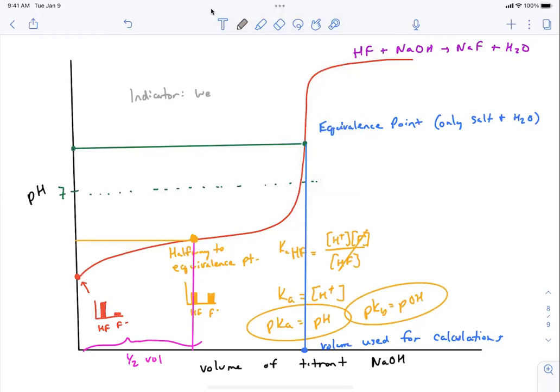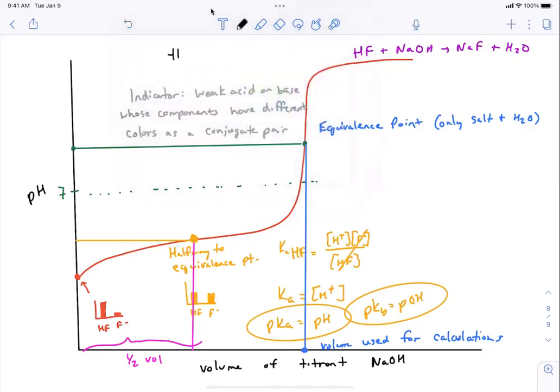An indicator is a weak acid or weak base whose components have different colors as a conjugate pair. Meaning that the acid part has one color and the conjugate base has another color, or the base has one color and the conjugate acid has another color. So there's a change in color when things occur. So you could write it like this.